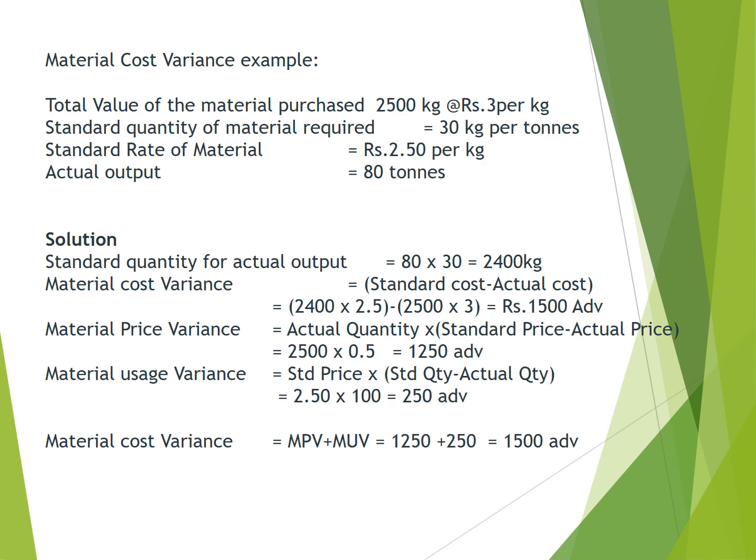Material cost variance is material price variance plus material usage variance. So material price variance is 1250 adverse and material usage variance is 250 adverse, total 1500 adverse. The same thing we got in the first formula. Material cost variance is equal to standard cost minus actual cost. Thanks.